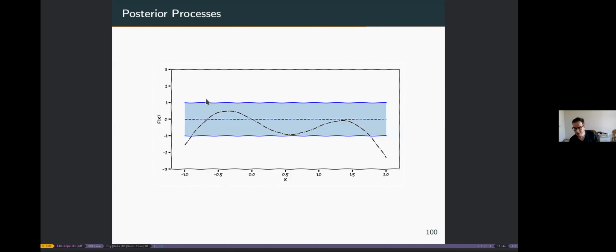To hint at something that we're going to do, now I'm going to show how, if I see data one by one, my belief gets updated. This is exactly the same plot as we did with the linear regression, when we saw the prior changing into a posterior that was narrower and narrower. So at first, I have this prior. All slices are the same. I have this function, which I'm now going to observe one point after the other.